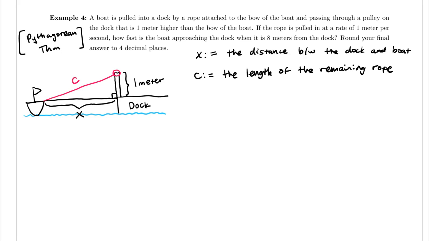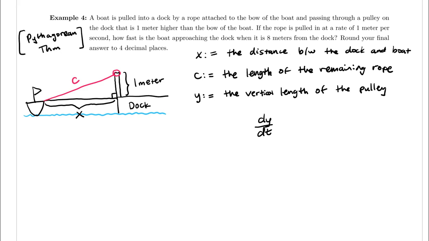Also, I want to say, sometimes students are inclined to say, why don't we let y equal the vertical length of the pulley? You can still get the same answer this way, but what's going to end up happening is when you take a derivative you get dy/dt is 0, and so you'll still end up getting the same answer, but it's more work.